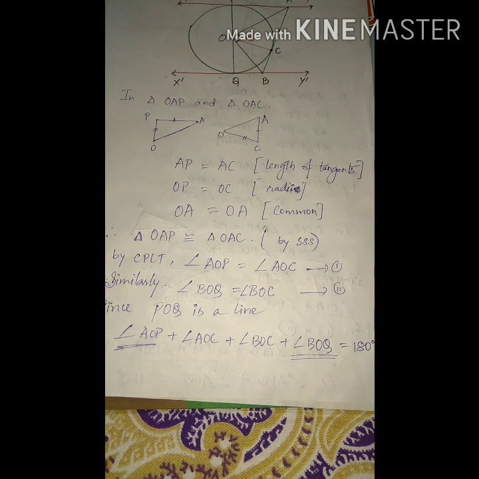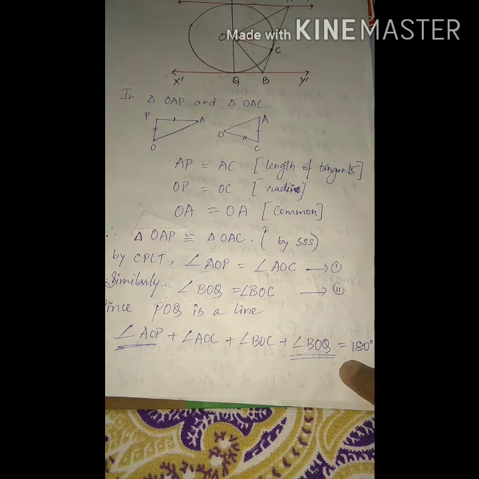Okay, now after that you see POQ. This is a straight line. If POQ is a straight line, the whole angle is 180 degree. So separately we have to write the four angles AOP, AOC, BOC and BOQ.